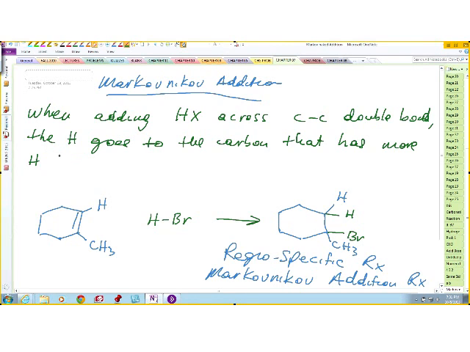It's almost like the case of the rich get richer. And we call that a Markovnikov addition reaction. Okay? We call that the Markovnikov addition reaction.